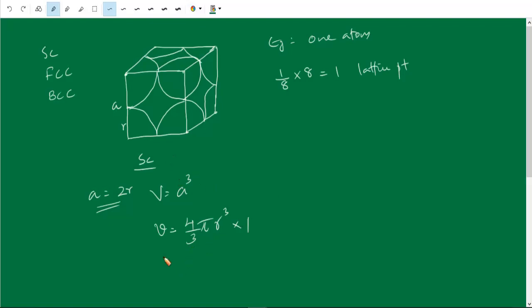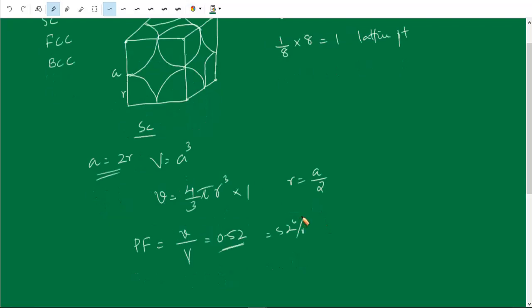The packing fraction is equal to V divided by capital V, which is about 0.52, that is 52%. You substitute the value of R, where R is equal to a divided by 2. This is the simple cubic.